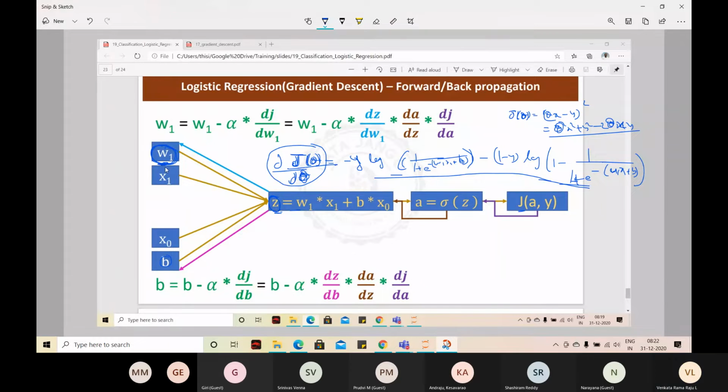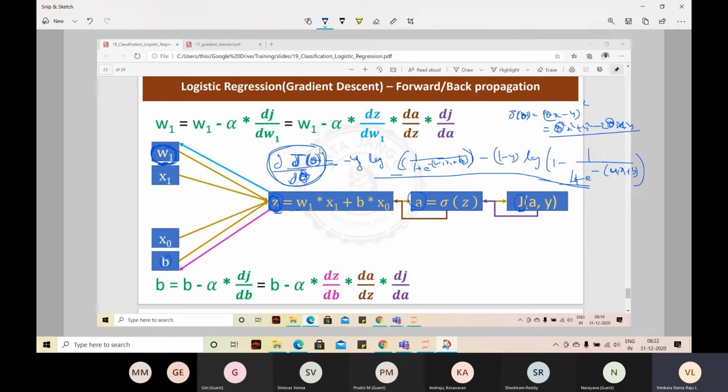To find out how many units J is changing, there is a cumulative effect. When you change W1, Z will change. When Z changes, A will change. When A changes, J will change. So now we can calculate that whole thing.